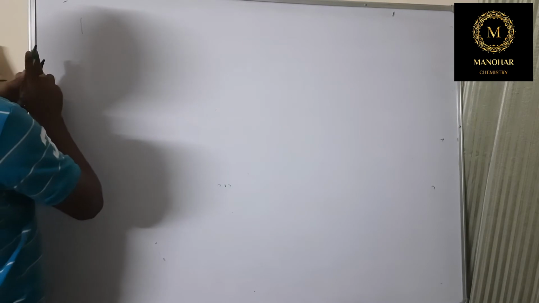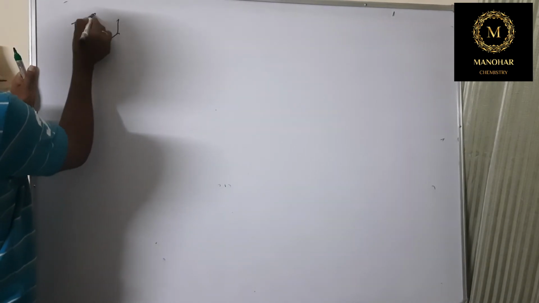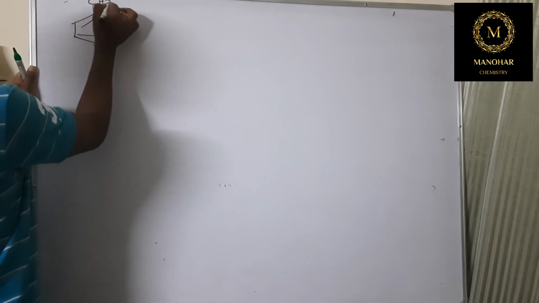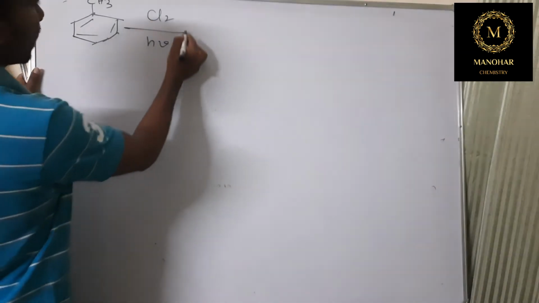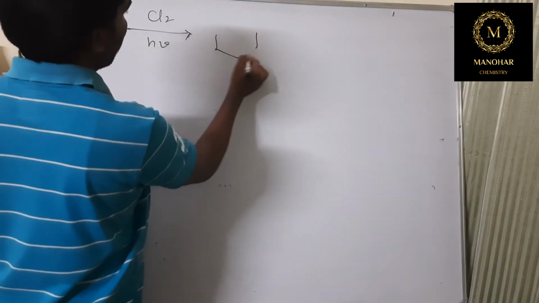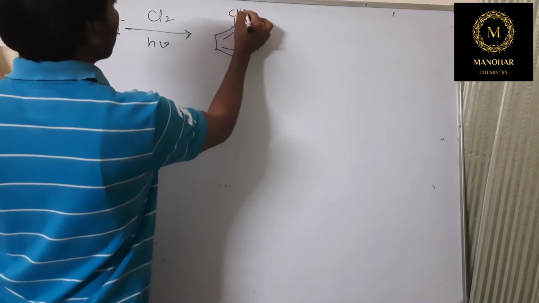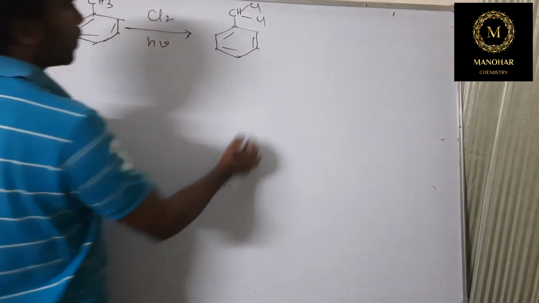To understand that, I am taking toluene here. When this toluene reacts with chlorine in presence of sunlight, it forms CHCl2, so two hydrogens are replaced by two chlorines.